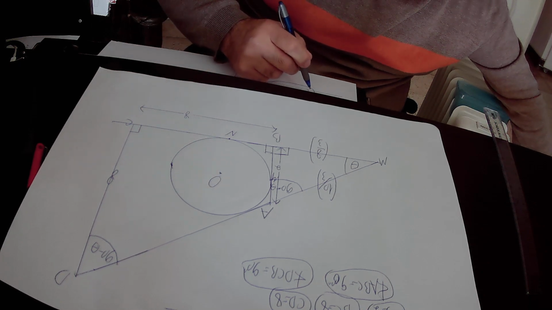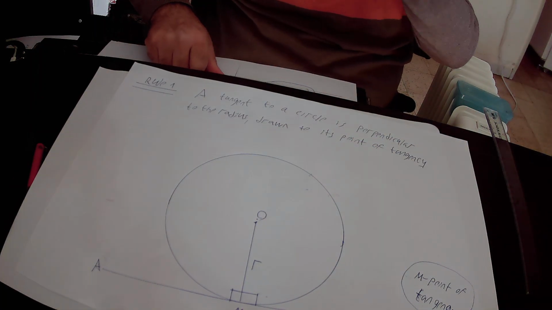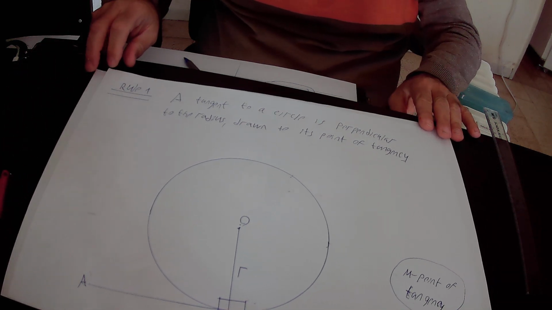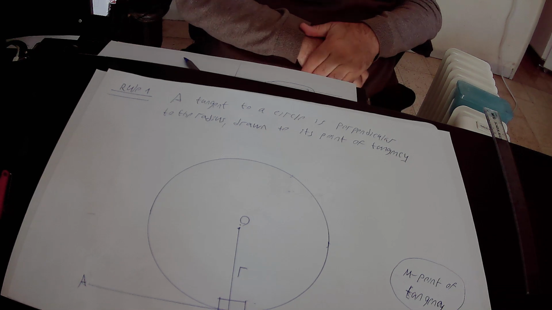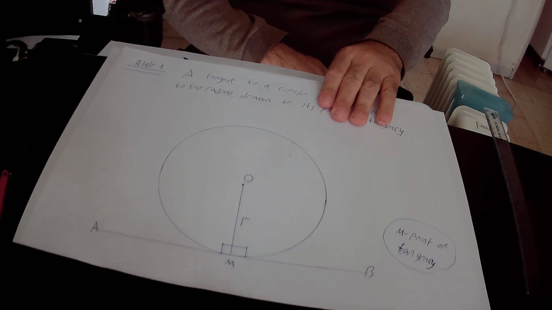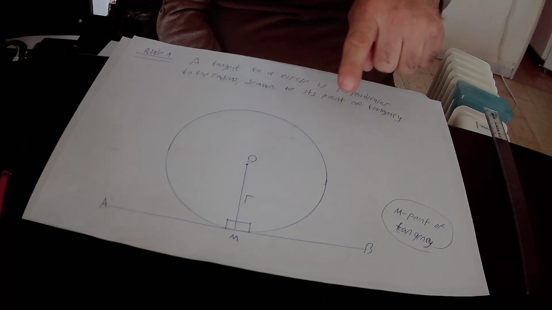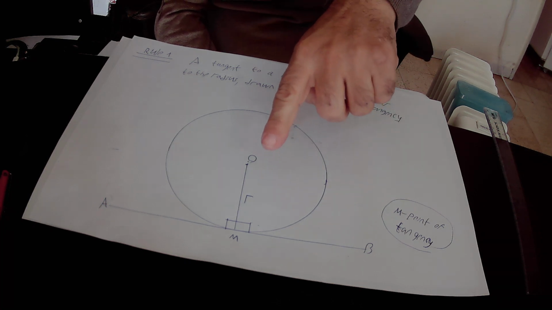Now we present to you rule number 1, and we will implement it in our drawing. According to rule number 1, a tangent to a circle is perpendicular to the radius drawn to its point of tangency. So here we have tangent AB, that is tangent to the circle at point M, and we have the radius OM.